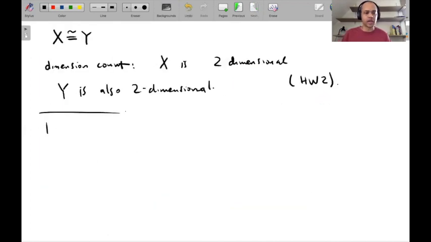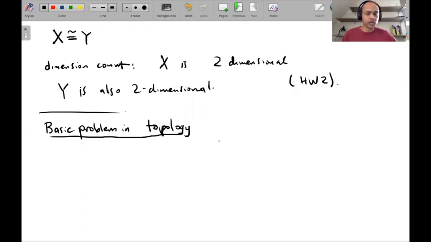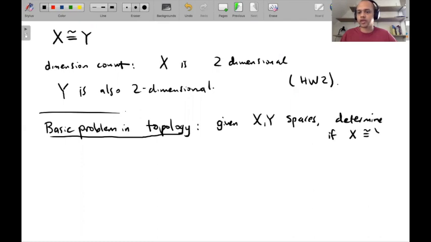So this is a basic problem in topology, and this is one of the type of problems that we'll think about a lot in this course, is to determine, so let me say, given X and Y spaces, determine if X is topologically equivalent to Y.